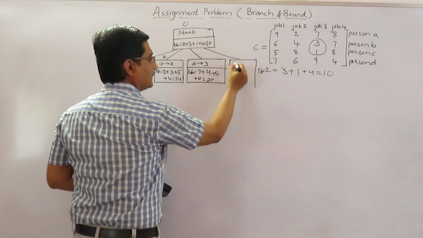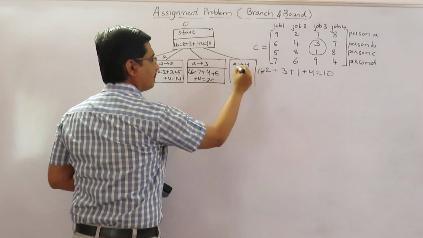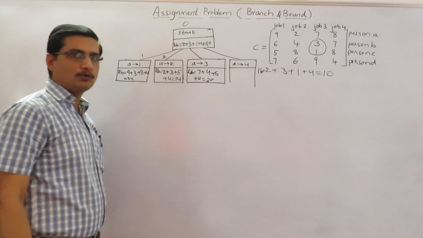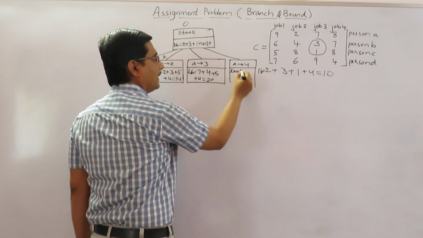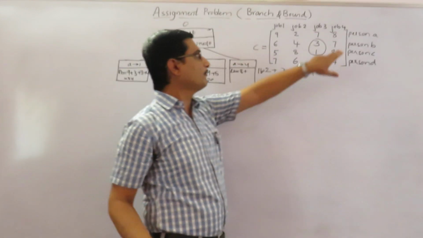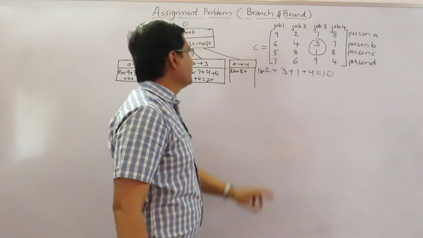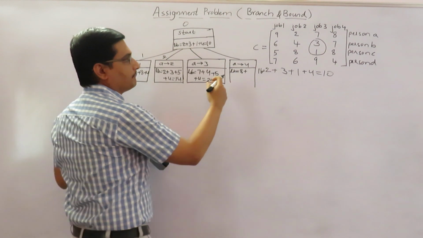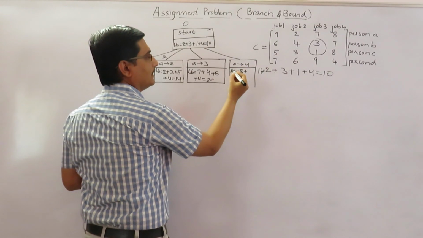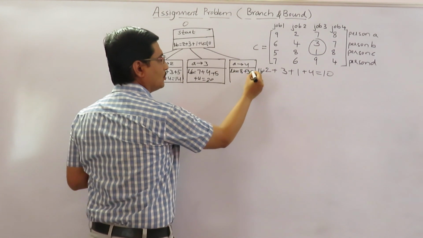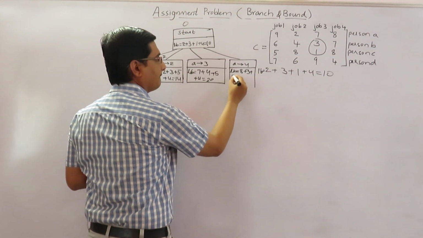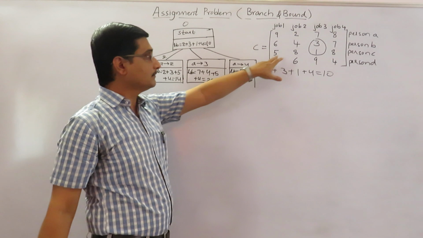Then for person D, job 4, if it is assigned to person A, then the lower bound will be 8. The job 4 value for person A is 8 plus job 3 can be assigned to person B. Job 1 is assigned to person C. How is it selected?